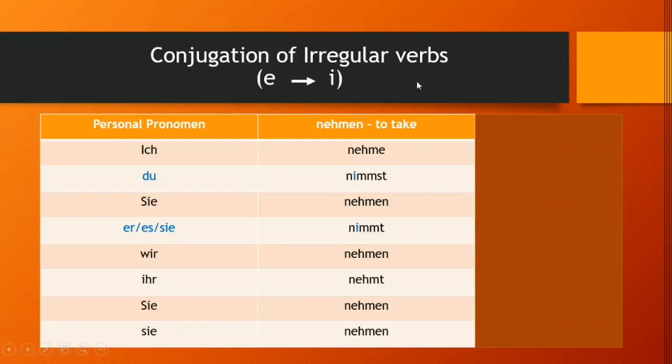And the next irregular verb is nehmen, which means to take. Here also, E is changed to I in the Verbstamm.